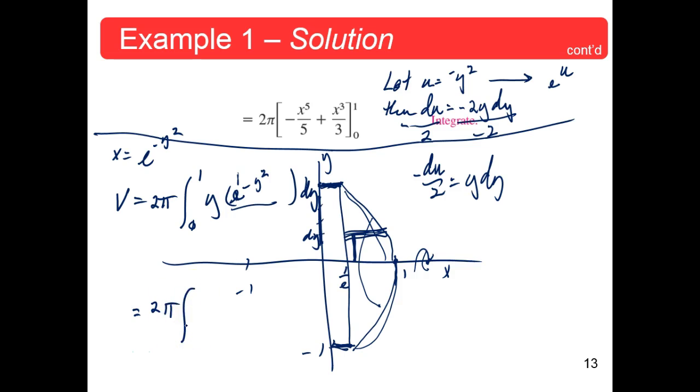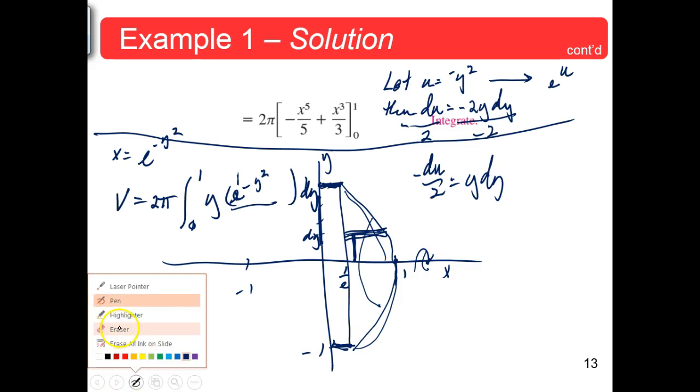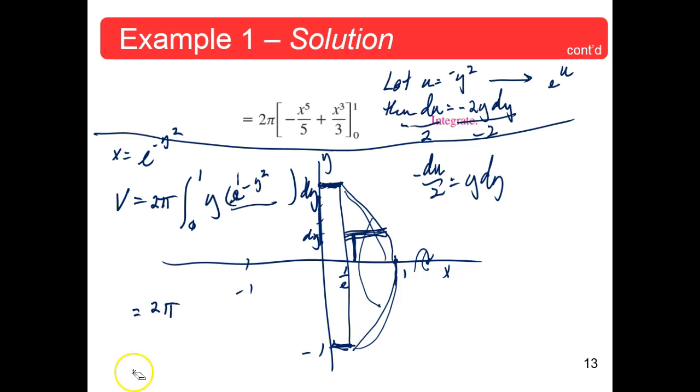Now I've changed my variable from y to u. We won't worry about that yet. Oh, let me see. I do want to worry about something. Okay? Here's what we have. We've got a negative 1/2 out front, so that's going to change that 2 pi to a negative pi, because you're dividing by 2 and multiplying by negative.